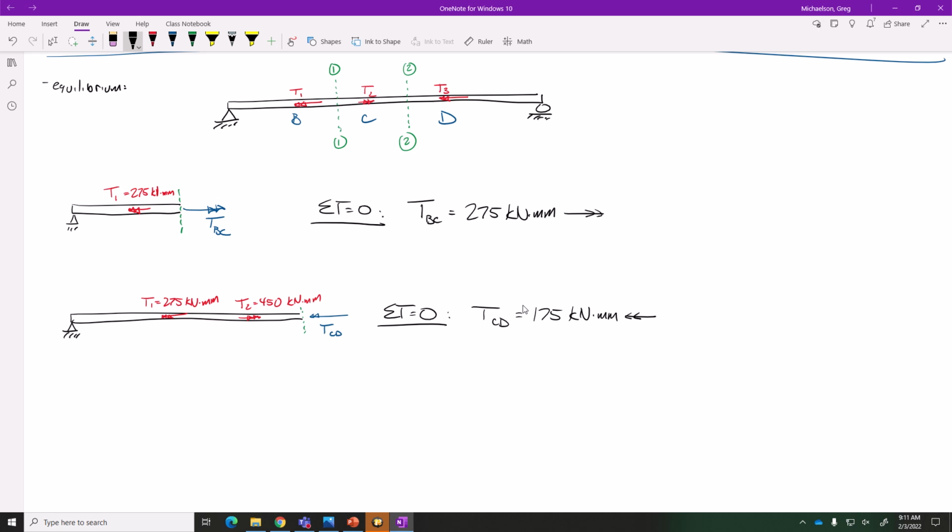So, let's ask a couple questions, okay? It's the same shaft across the board, right? It's not a different size shaft from one side to the other, right? So, how do I determine maximum stress? What, TR over J?